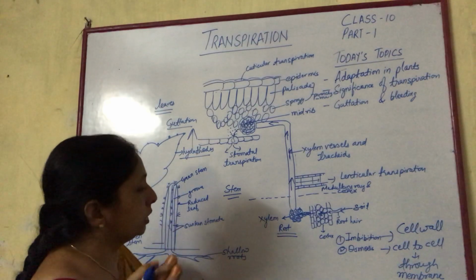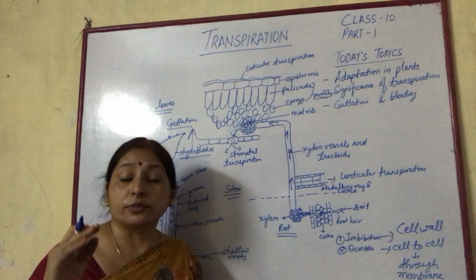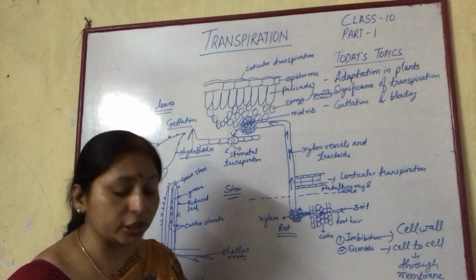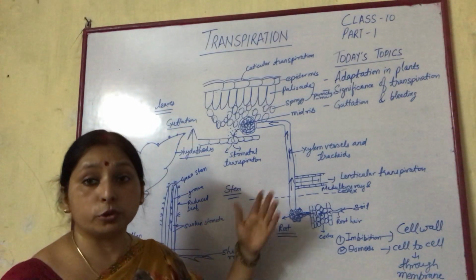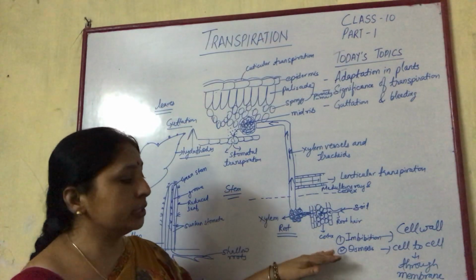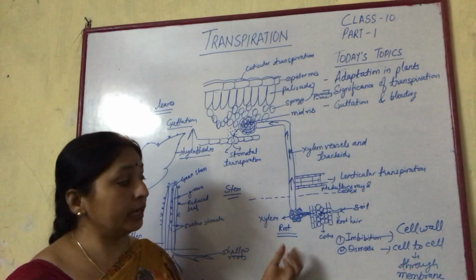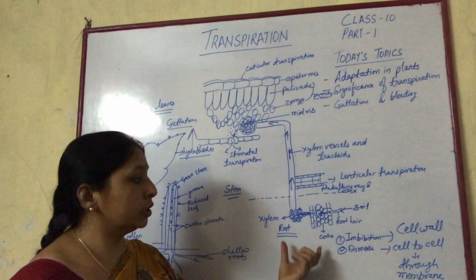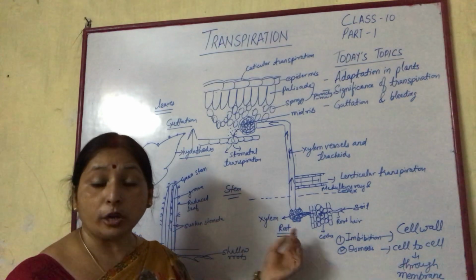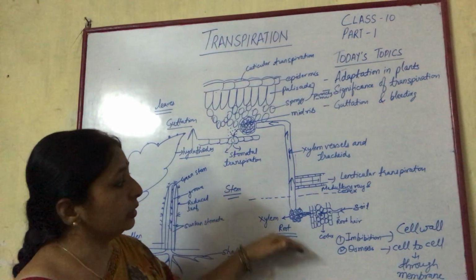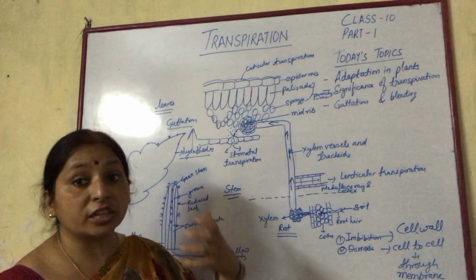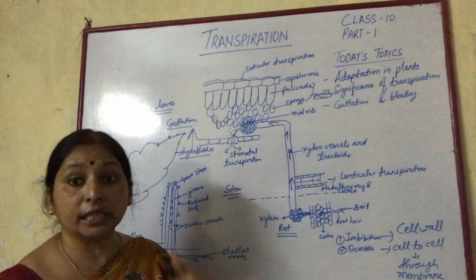Now the overall process of transportation of water from roots to shoot involves imbibition and osmosis in the cell wall or the cell membrane, resulting in the transportation of water from soil to xylem. Then the upward movement is by transpirational pull or capillary action.